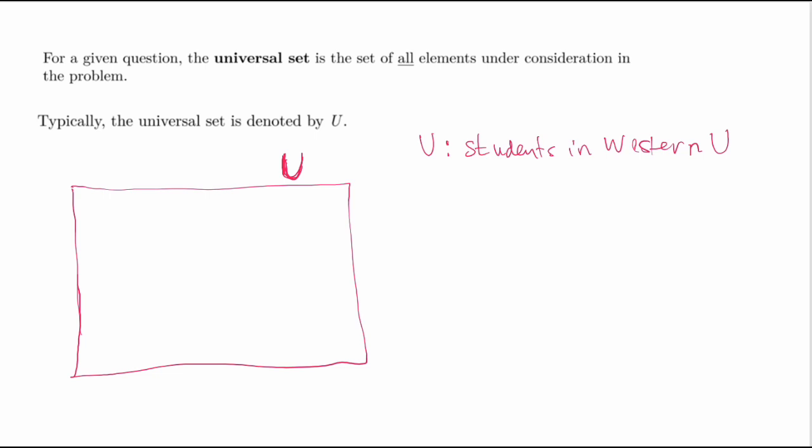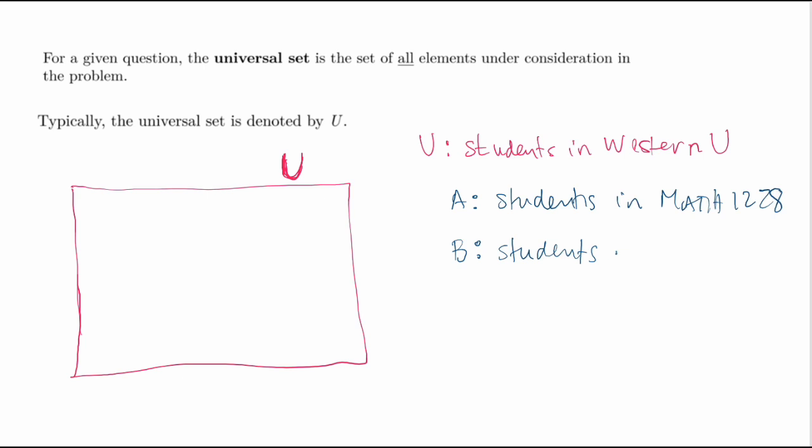So now, let's say that I have a set that is composed of students in Math 1228. I have another set that is all the students in intro to developmental psychology.